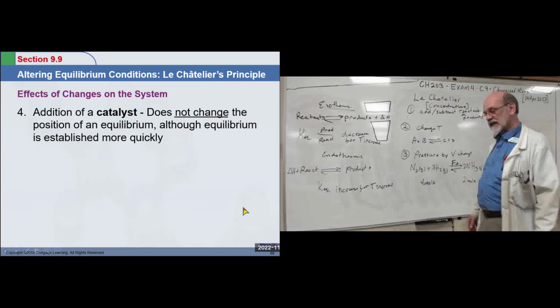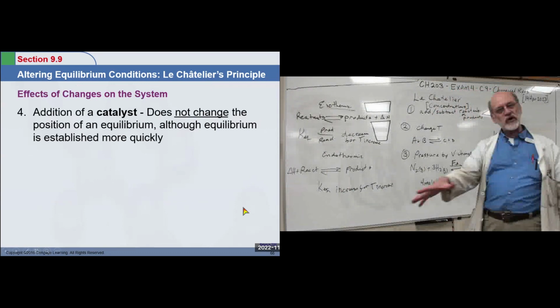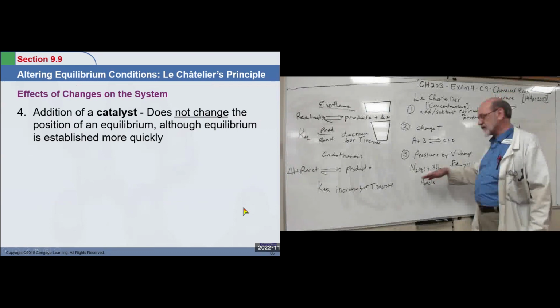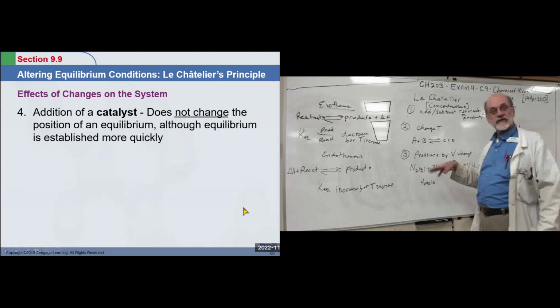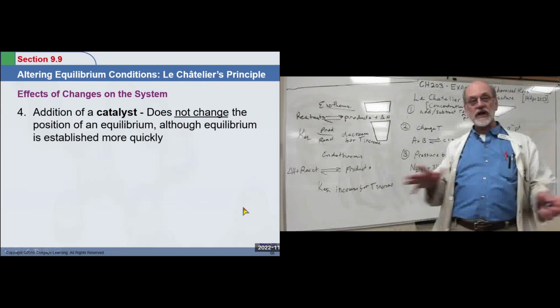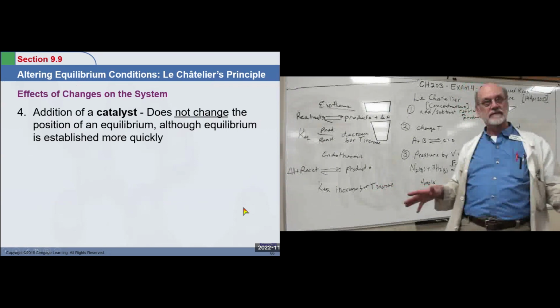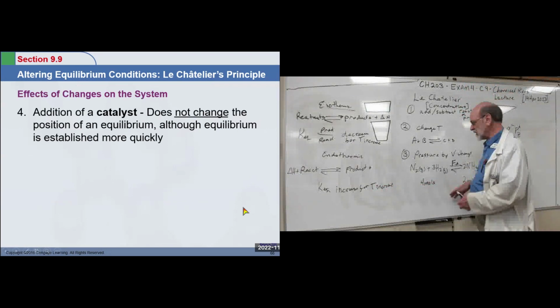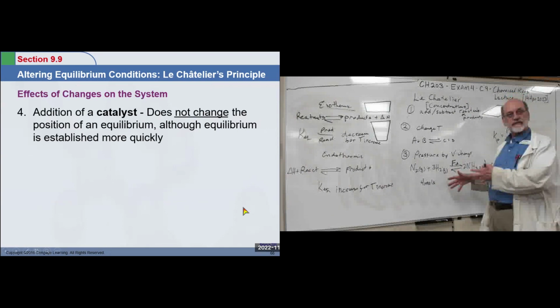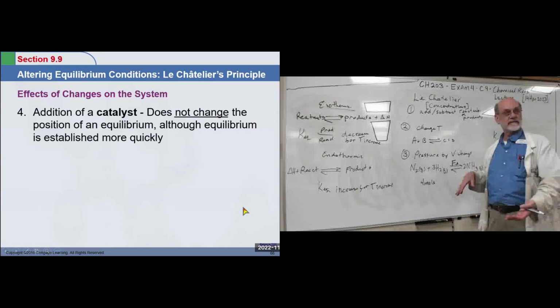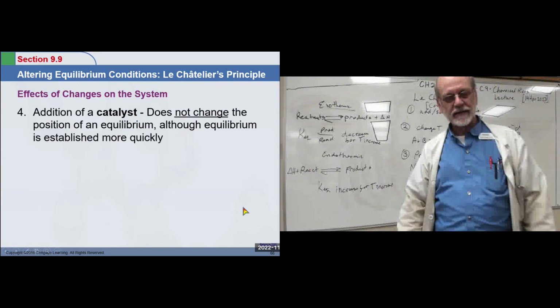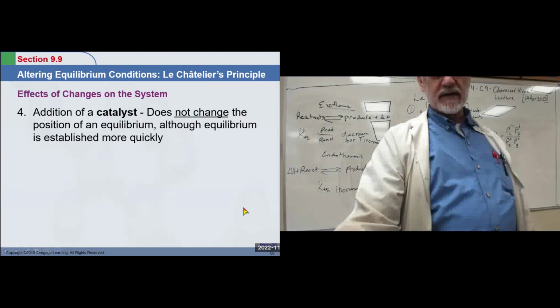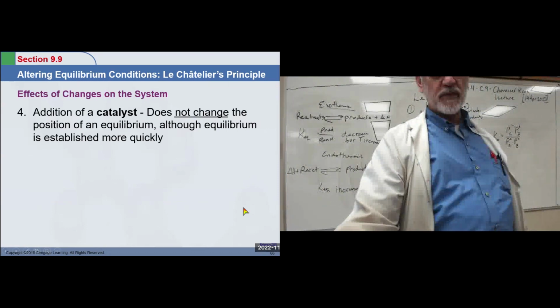Also, if you increase the pressure by inserting an inert gas that does not react with any of the products or reactants, you also don't change the reaction, because you haven't effectively increased the collision frequency for either side. Okay, so that's Le Chatelier's principle.